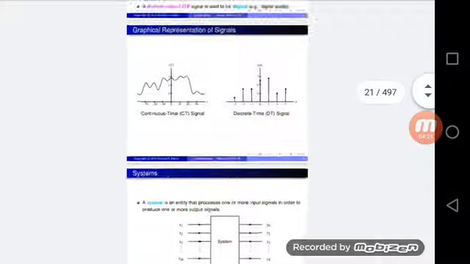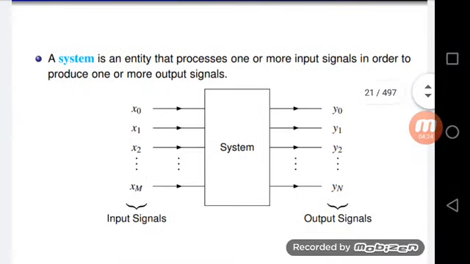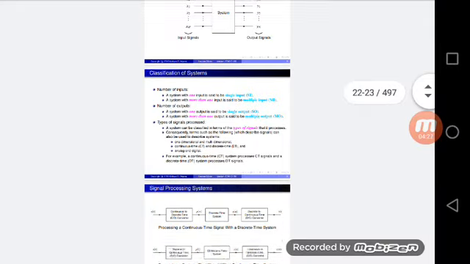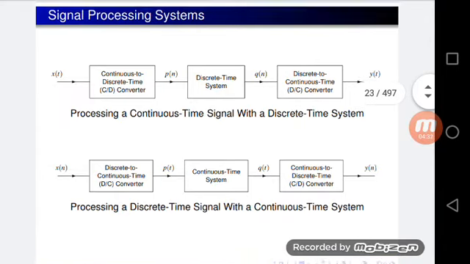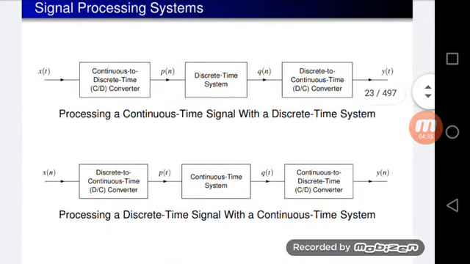Here we are also using signal processing system blocks, various elements to convert the given or received information, either D by C, continuous to discrete, or discrete to continuous, again discrete to continuous or continuous to discrete.